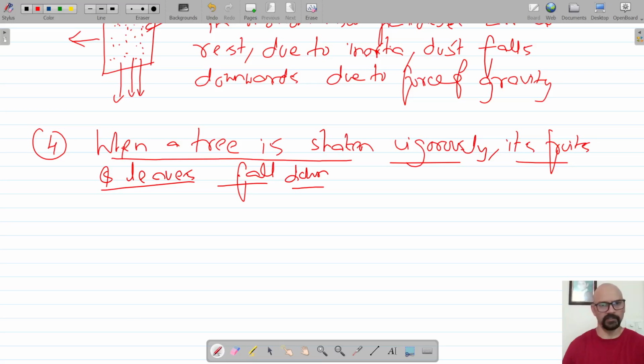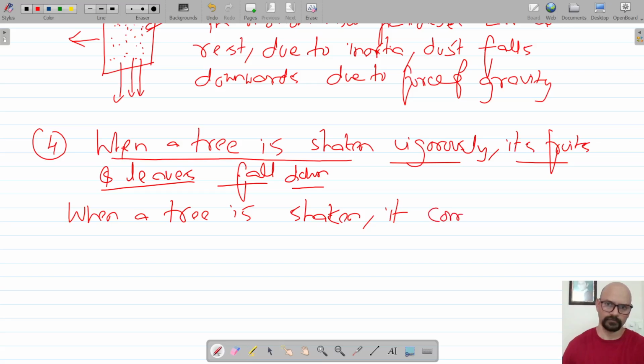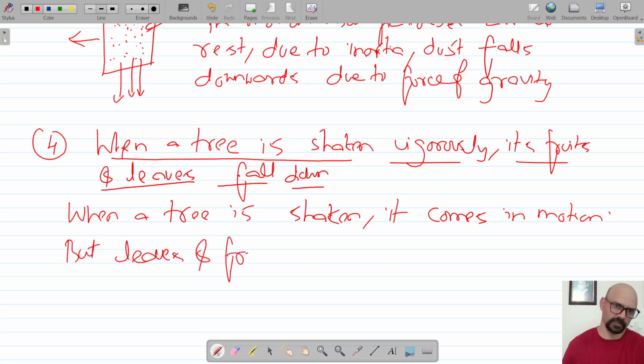The reason for that is when a tree is shaken, it comes in motion. And when the tree comes in motion, the fruits and leaves still remain at rest due to inertia.